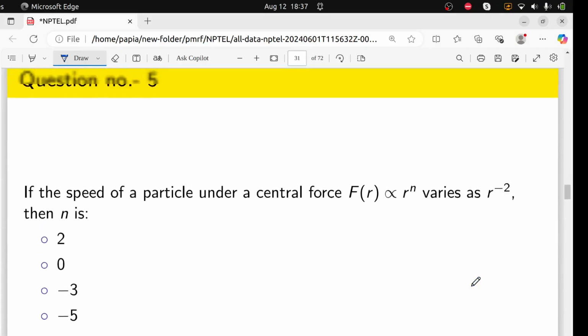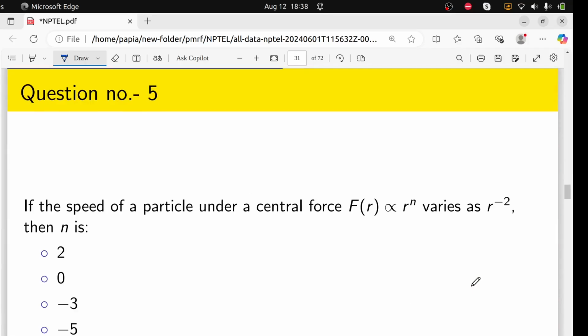Okay, so the fifth question. From the fifth question, we are getting into the central force problem, and Sir has already explained very well about the central force field and how we can calculate the orbit, the orbital equation of dynamics.